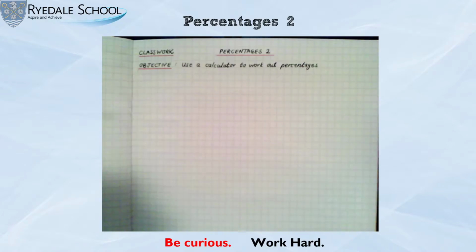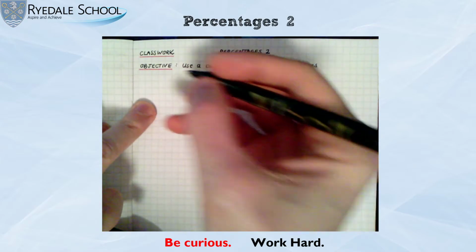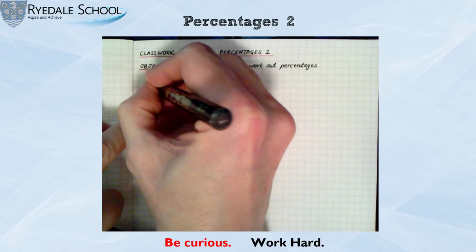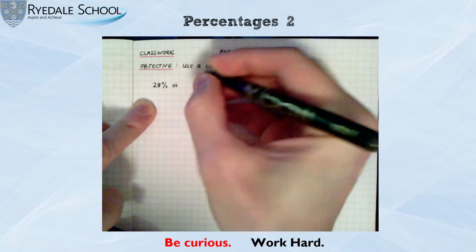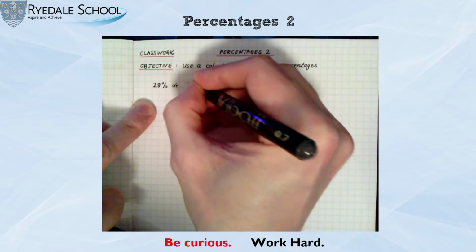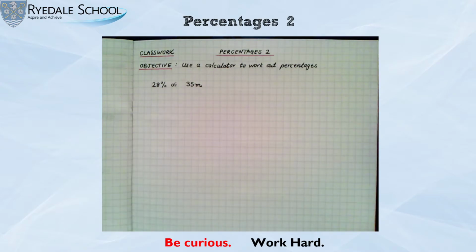Okay, so let's imagine we had a question like, work out 28% of 35 metres. Now, if you didn't have a calculator, you would have to do this in the exact same way that we were doing our percentages in the last lesson.